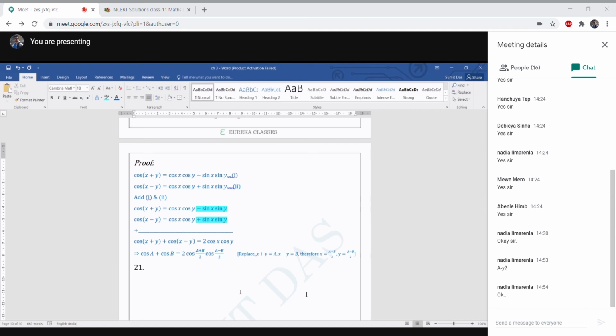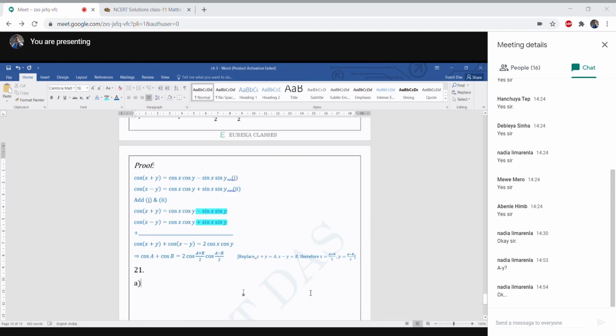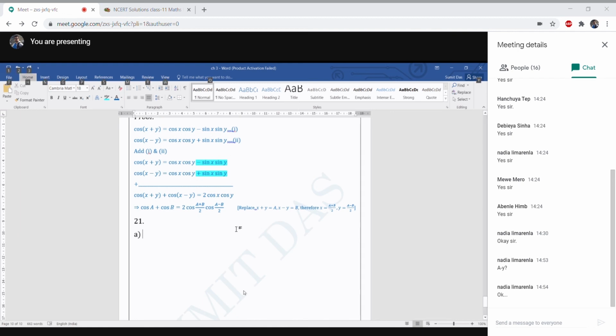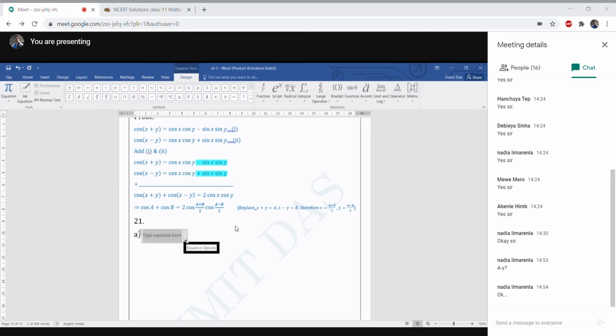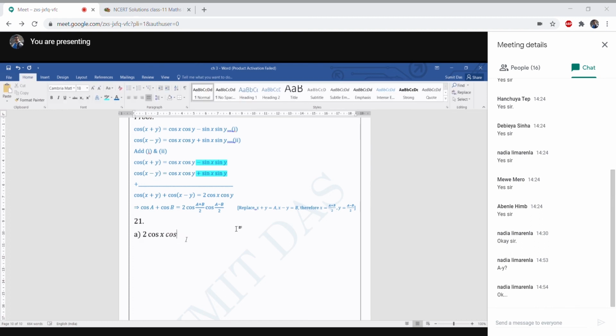Then we have to go to the exercise. So this formula, the first one, is the same as before. It is 2 cos x cos y equal to cos(x plus y) plus cos(x minus y).